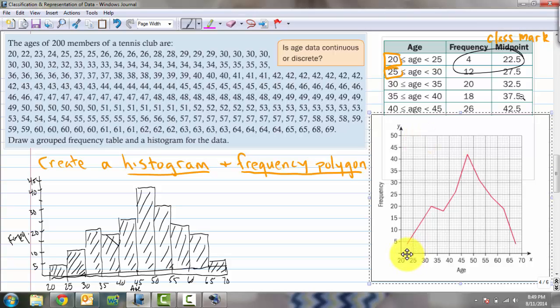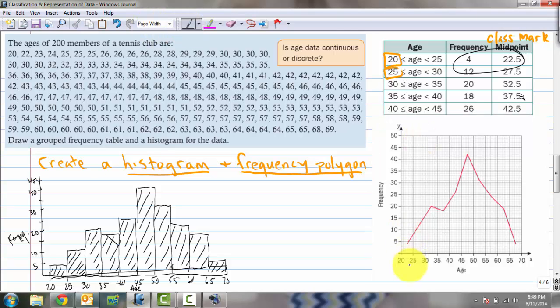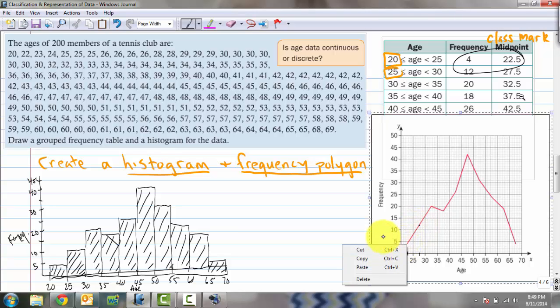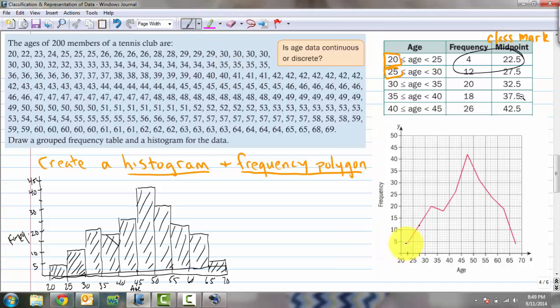Notice that above the x-axis, there's the 22.5, there's the 27.5, and I'm up at 12, at 4, and notice I'm connecting all of these points. So all of these points are coming right from my table, and I just connect the dots.